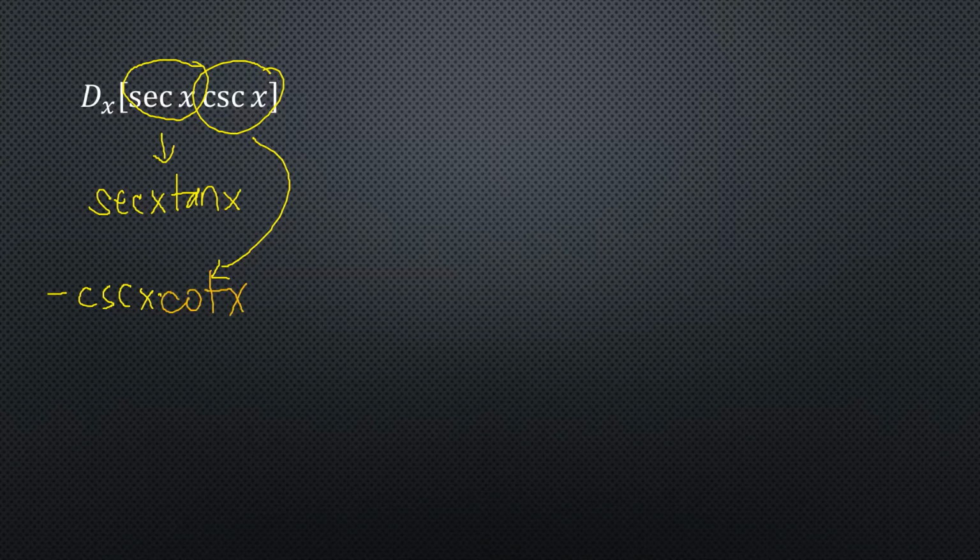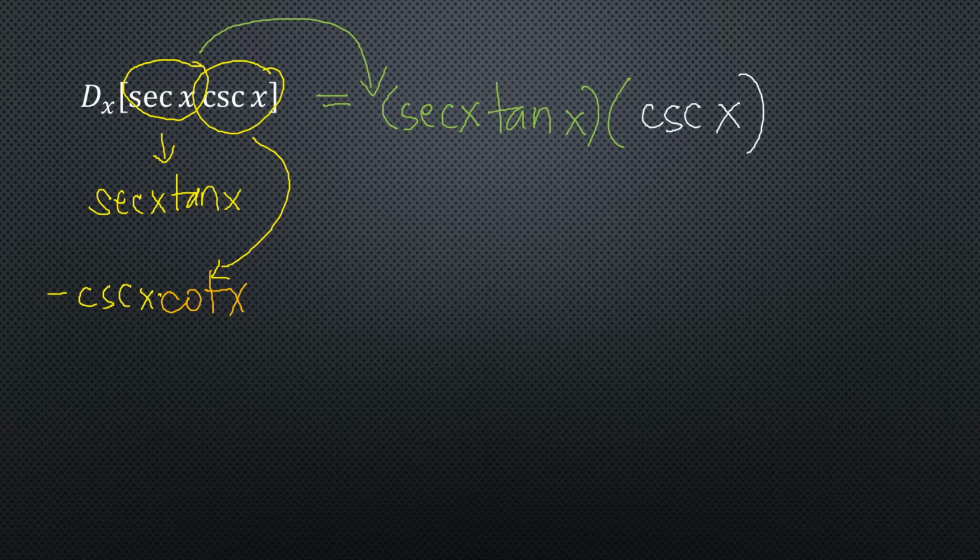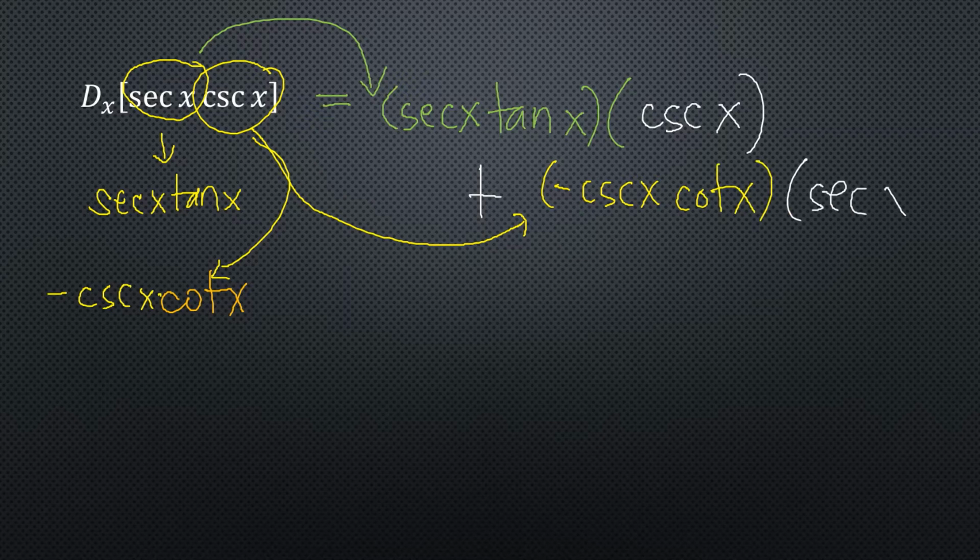Now using the product rule, we get the derivative of the first term, which is secant x, and the derivative of secant x is secant x tangent x. Now multiply that to the second term, which is cosecant x. So we have cosecant x plus the derivative of the second term, cosecant x, which is negative cosecant x times cotangent x. And you're going to multiply that to the first term, which is secant x.